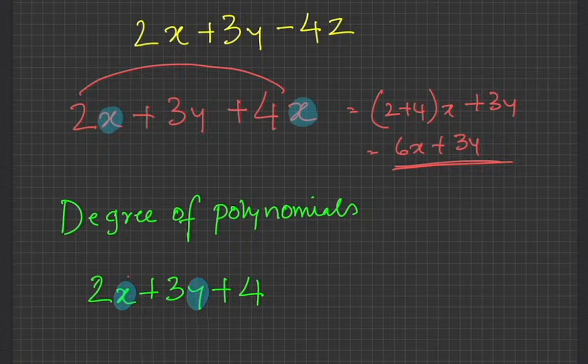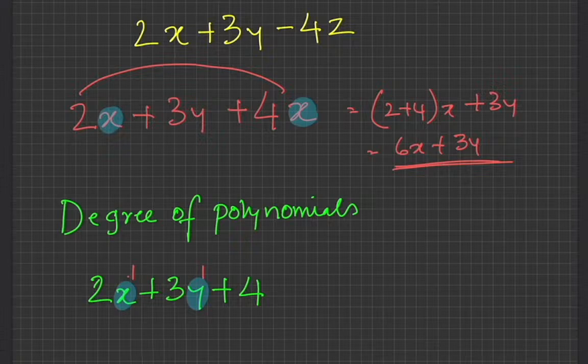A polynomial may have one, two, or more types of variables. This is an example of a linear equation, because the highest degree is actually 1 in both cases.